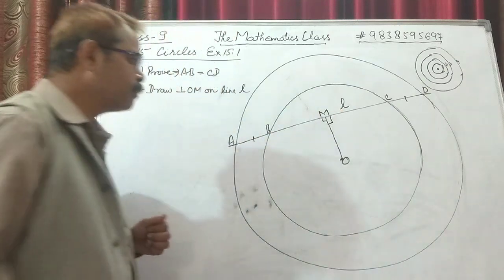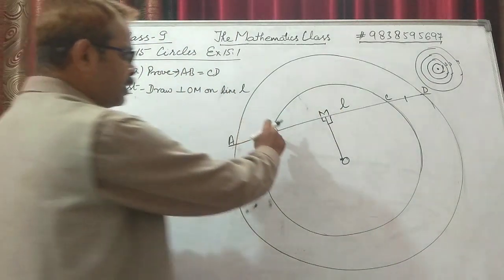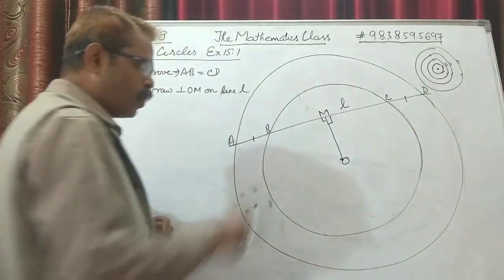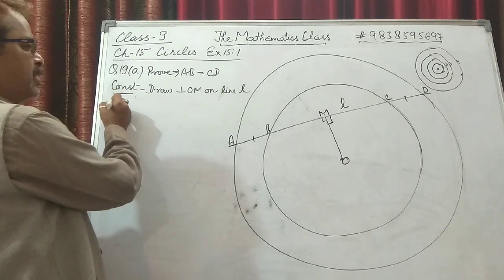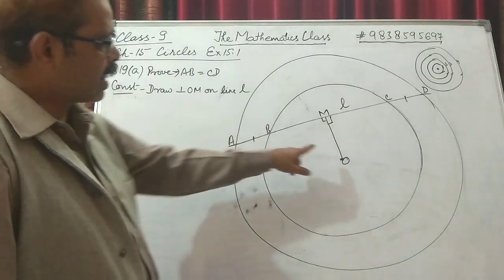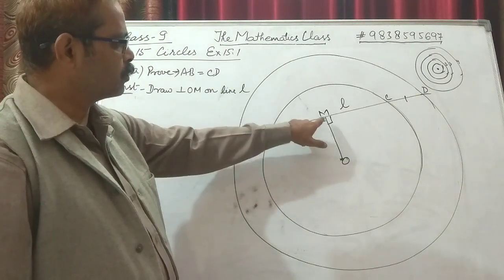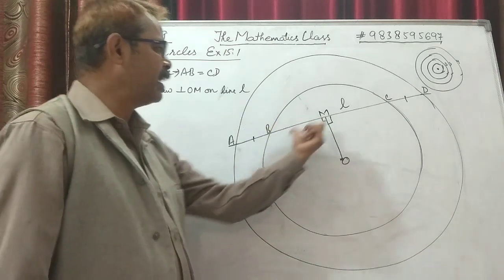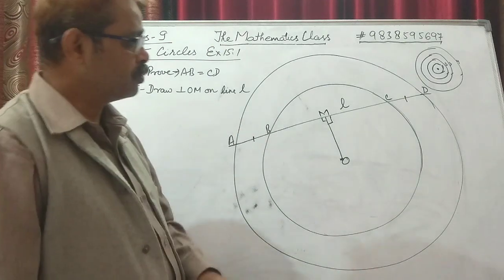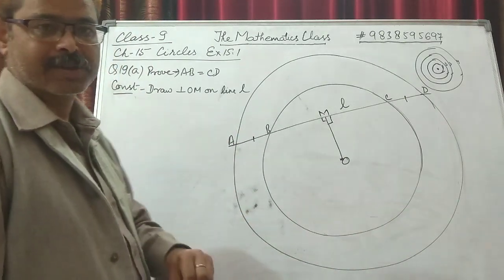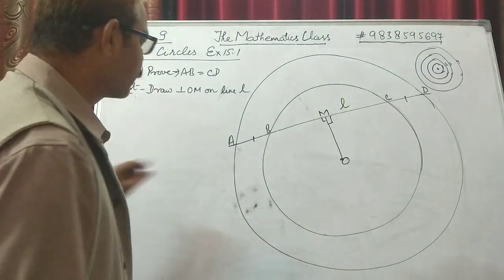Now when we have drawn a perpendicular, then BC acts as a chord for the inner circle. So if BC is the chord and we have drawn a perpendicular from O to M, then BM and CM will be equal. Why? Because we know that a perpendicular drawn from the center on the chord bisects the chord.